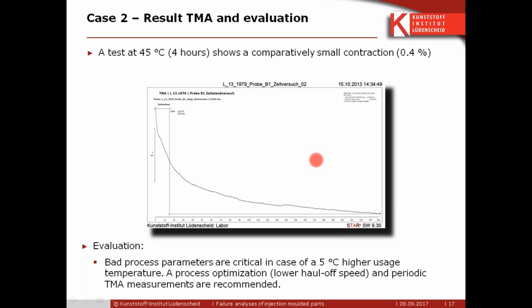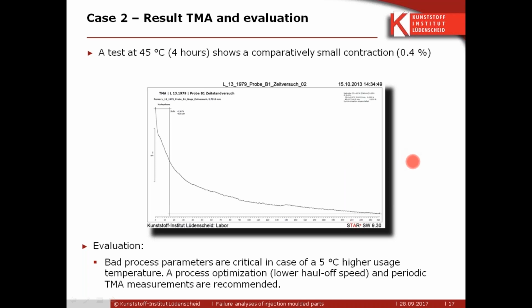Here we have a dynamic temperature, and here we kept it constant, and what we see is a very small contraction of less than 1%. So this gives us the information, yes, these 5 degrees do matter. So the conclusion is that there have always been bad process parameters, but these bad parameters are only critical at 50 degrees, not at 45 degrees.